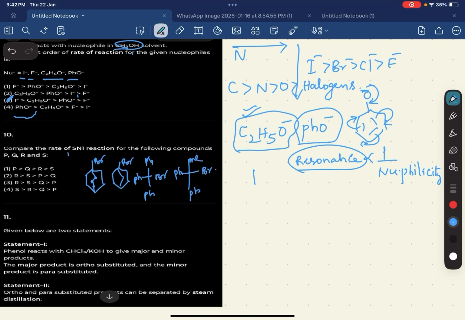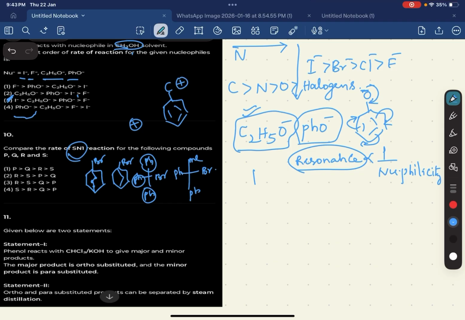So SN1 reactivity order means you just remove Br and put a positive charge. Accordingly, we can see where this positive charge or carbocation gets stability easily. So everywhere we are taking a phenyl ring, students. Phenyl ring in the sense where double bonds are present inside the ring, like this.